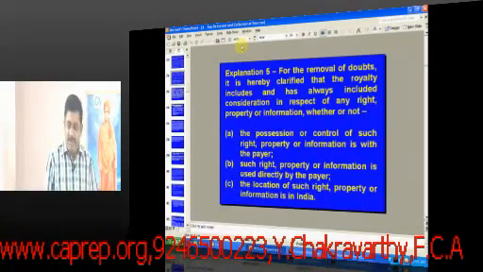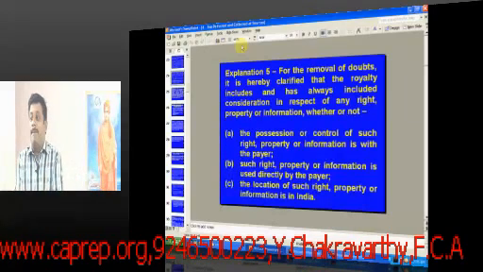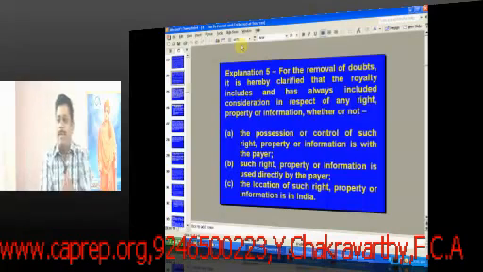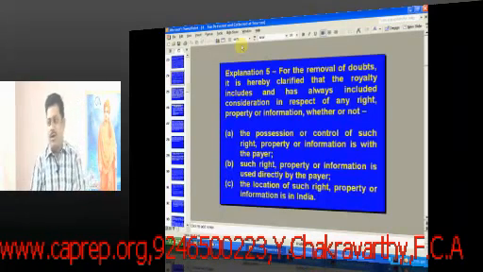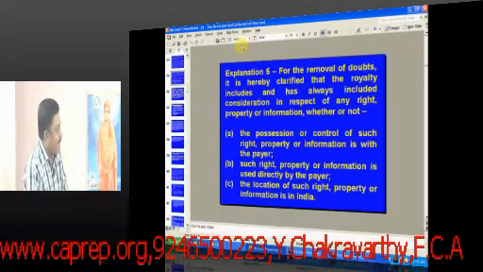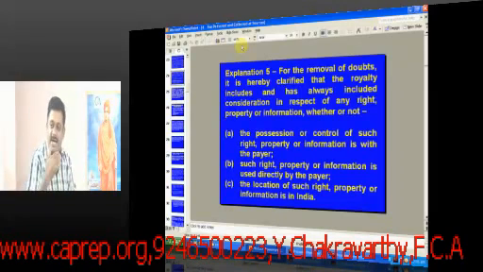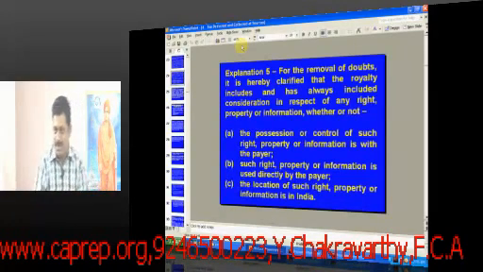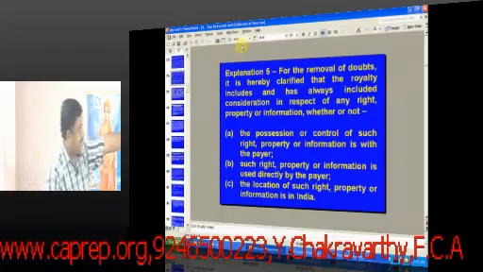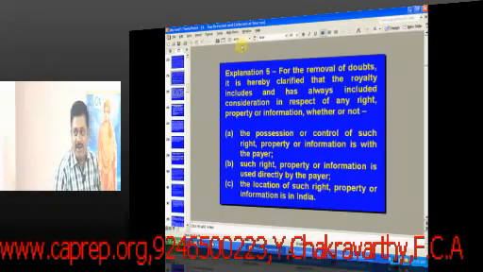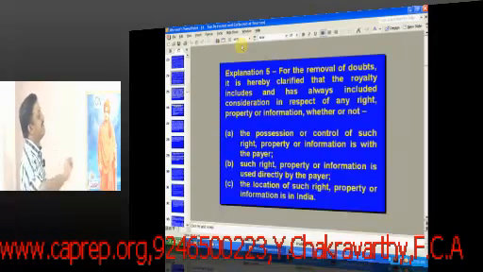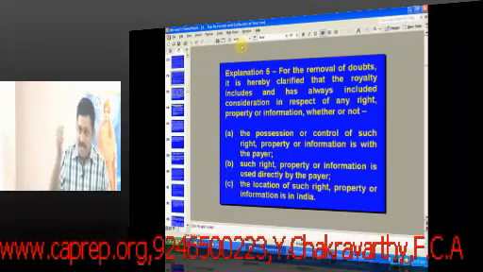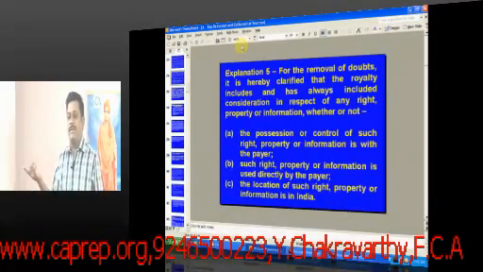That is, even if the payer is not getting complete possession of that particular property or the right, still whatever payment he is making is a royalty. Such a right or property or information is used directly by the payer or not directly by the payer, whether or not the location of such a right or property or information is in India or not.